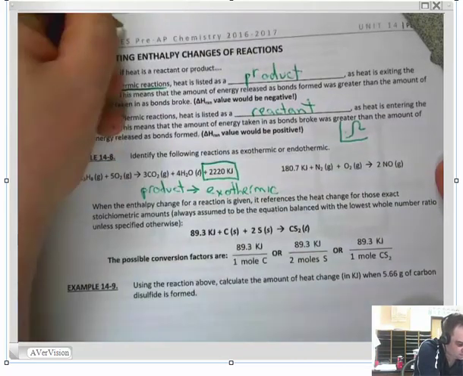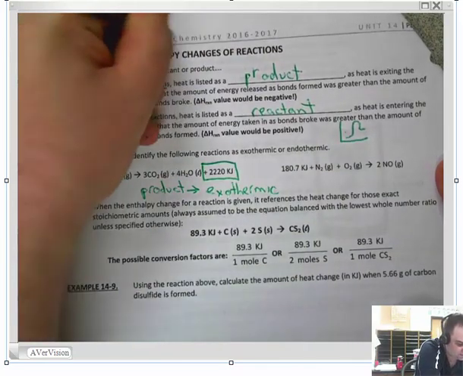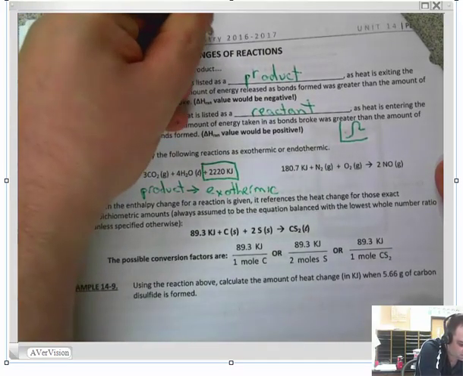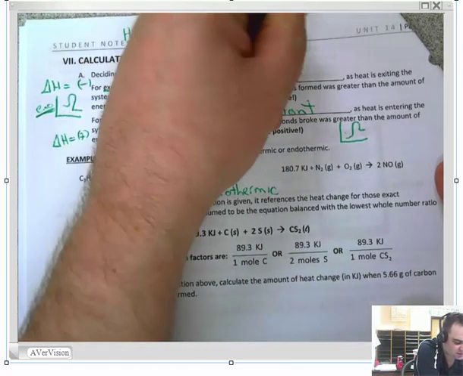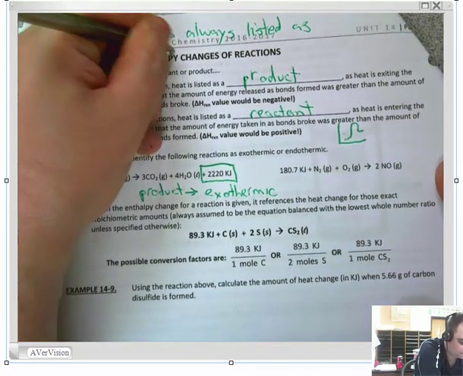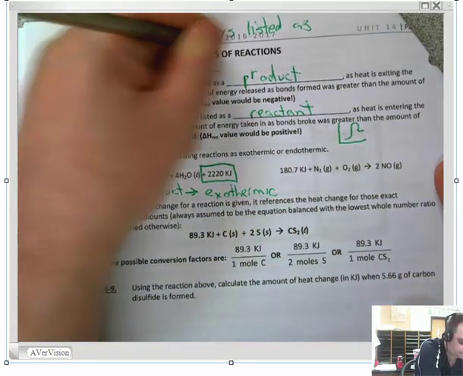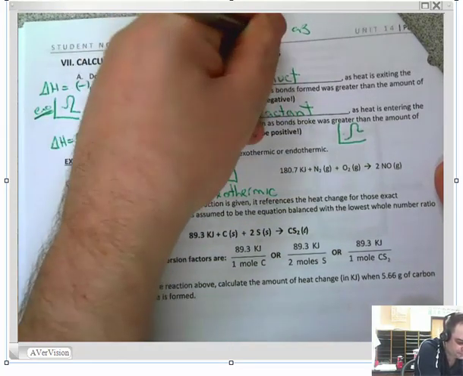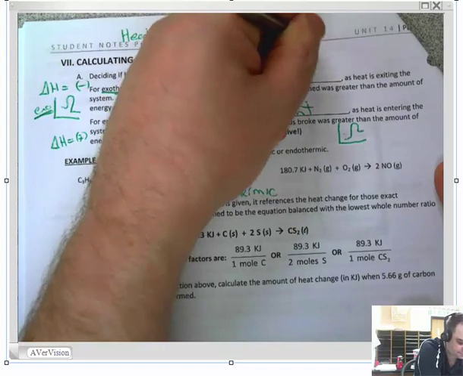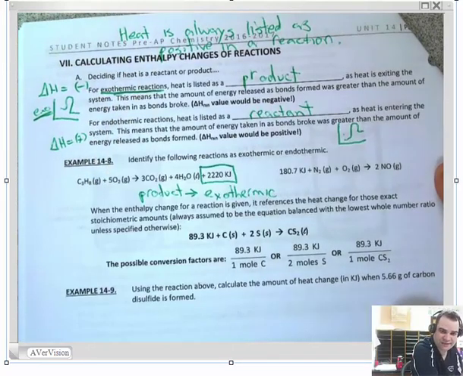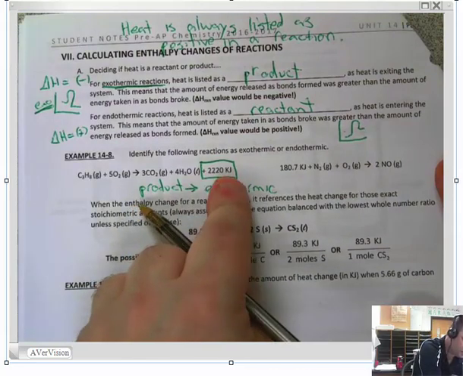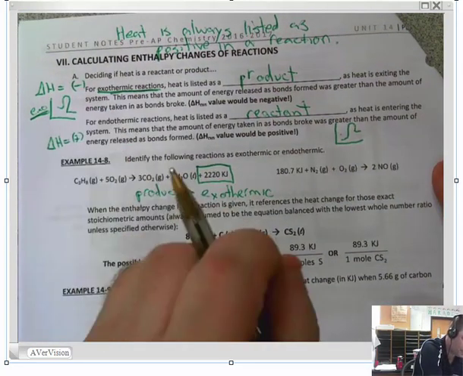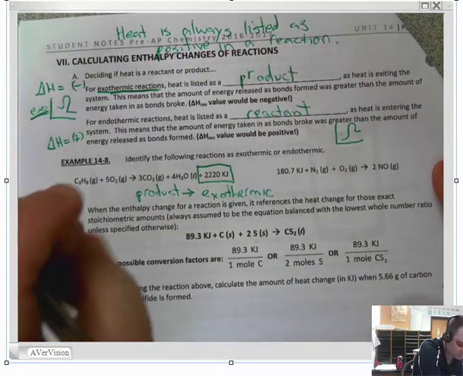Notice that heat is always listed as positive in a reaction. Okay? You don't write negative 2,220 joules. The negative sign just tells me which side the energy is on.